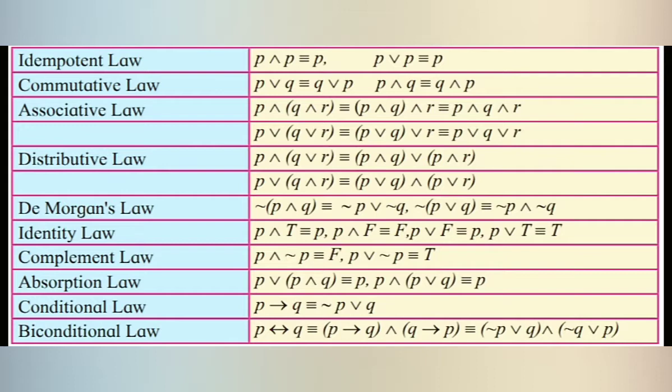P and negation P, complement law, P and negation P is F or C. We write also C means contradiction. And next is P or negation P is T, meaning tautology. We write also small t.